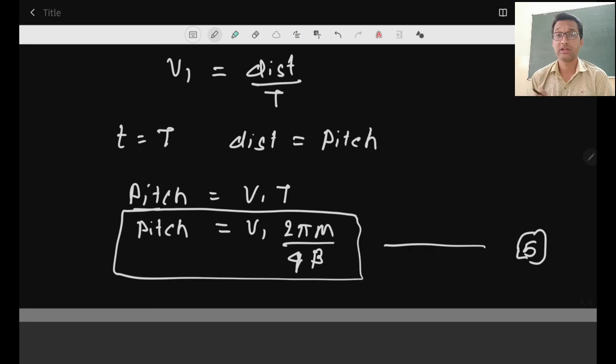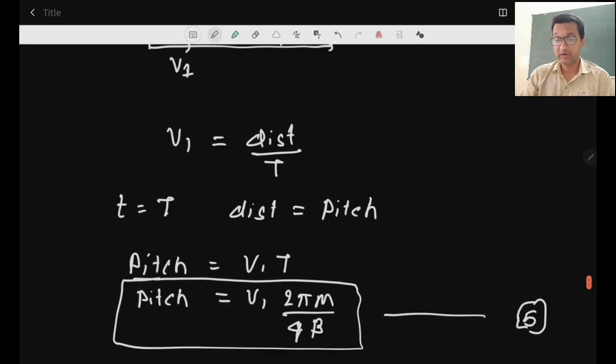That is the equation for the distance between two helices.